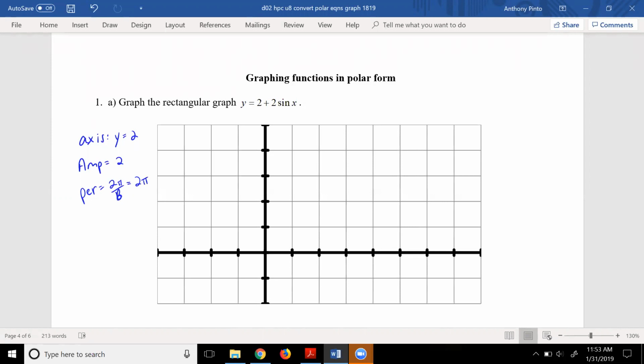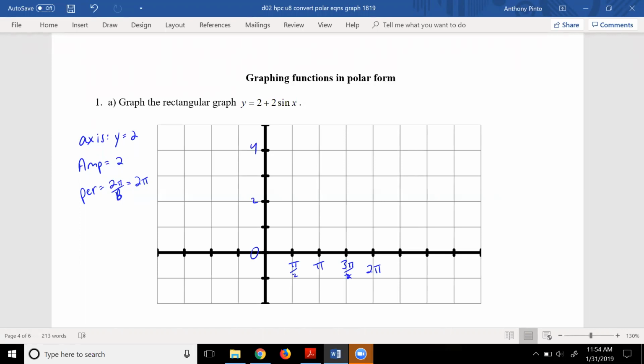Okay, so labeling this, we're going to say this is 2, 4, 0. This is pi over 2, pi, 3 pi over 2, and 2 pi. All right, let's think about this. When x is equal to 0, sine of x is equal to 0.